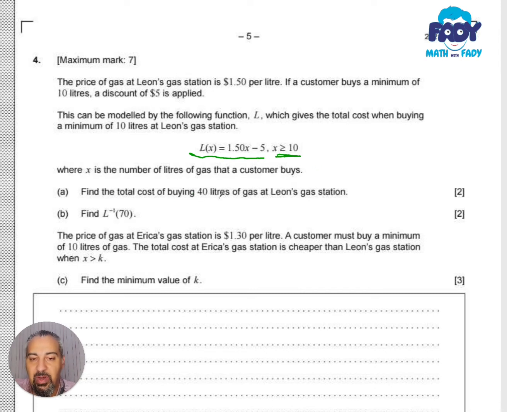Find the total cost of buying 40 liters of gas at Lane's gas station. So here the 40 liters, this is the amount of liters. So this represents x.